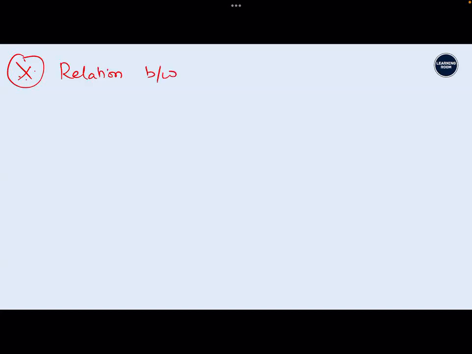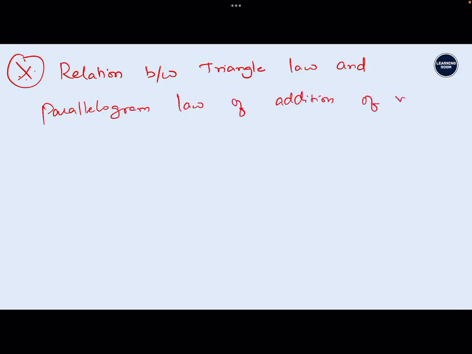So here, an important point that we need to make a note of is the relation between triangle law and parallelogram law of addition of vectors.